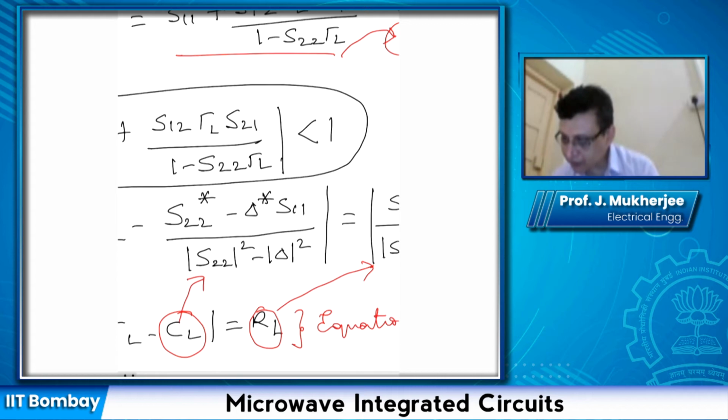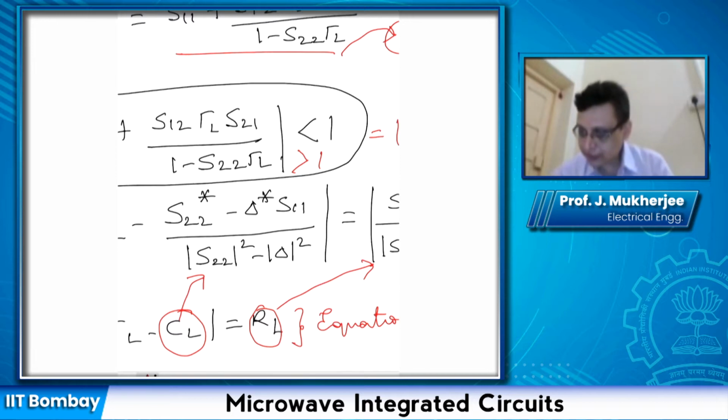If this value is greater than 1, then the system is unstable, and when this is equal to 1, that serves as a boundary to the stability, okay. And this equation that we have derived is nothing but this equality.